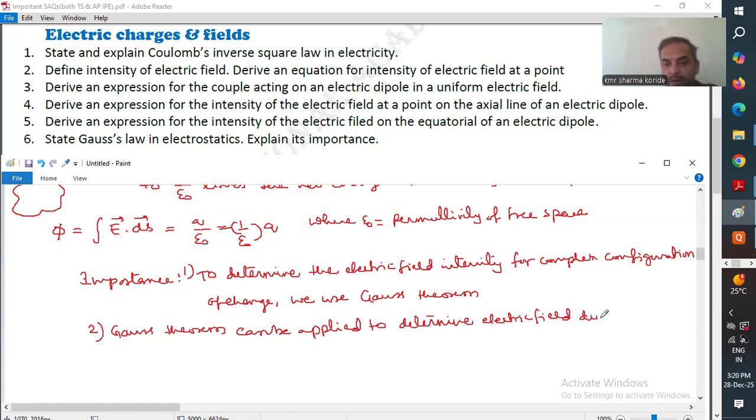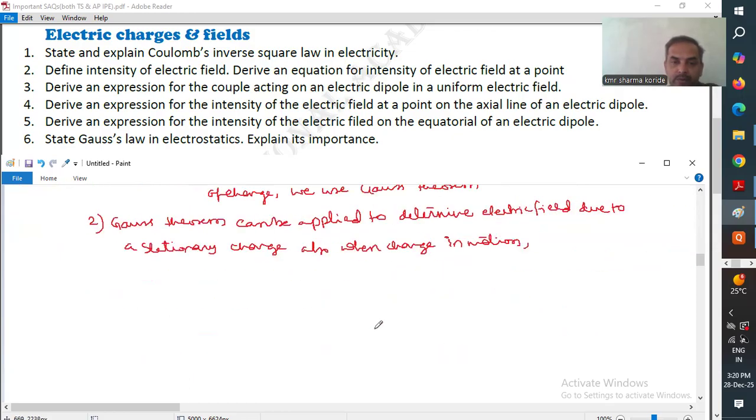It means the electric field due to a charge in motion also we can find out. Also when the charge is in motion, its electric field intensity can be determined.